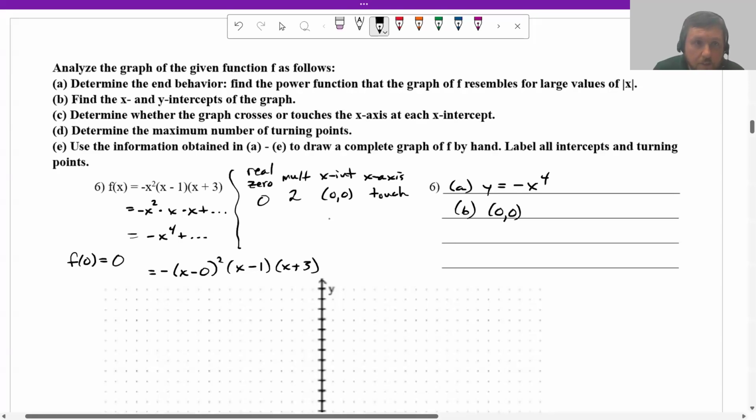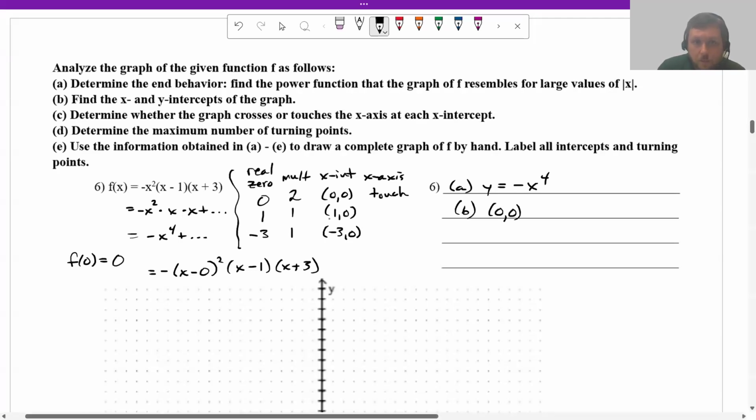Next, we have that x minus 1 factor, so that's going to be 1. And then we have x plus 3, so that's a negative 3. These both have a multiplicity of 1. Then my x-intercepts are going to be 1, 0, and negative 3, 0.